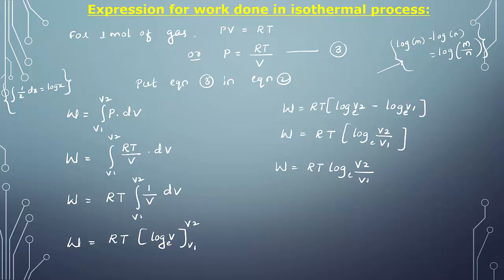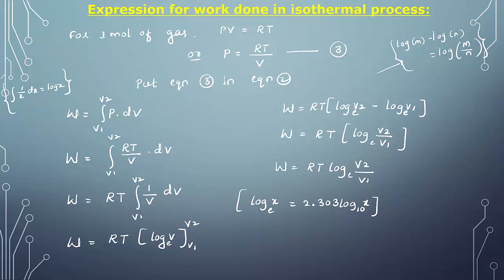We know that log X to the base e is equal to 2.303 log of X to the base 10. Is it clear? Here it has base 10 and here it has base e.